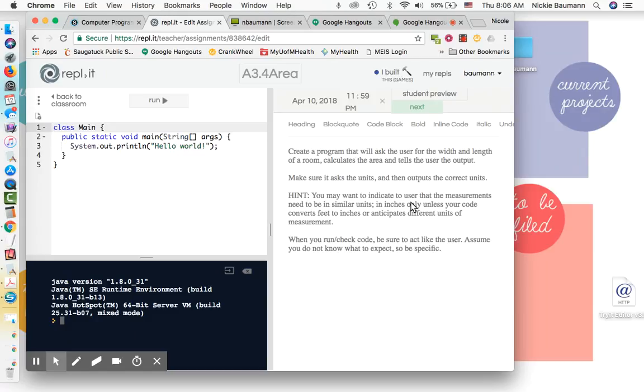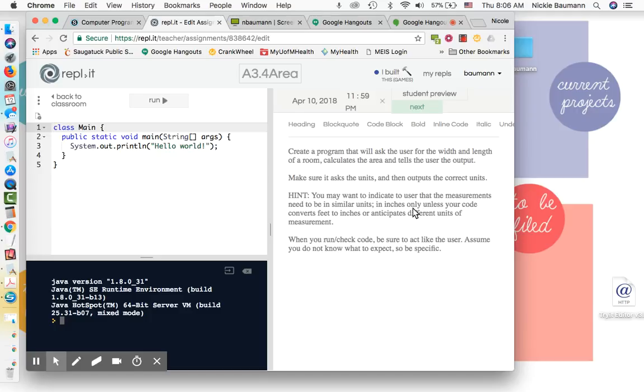Make sure it asks for the units. So if you are asking for feet, you might need to anticipate that it might be 2.5 feet or 2.75 feet. Because we have feet and inches, if you just ask for a full feet unit, there might be a decimal point. And I think I even put that in here.